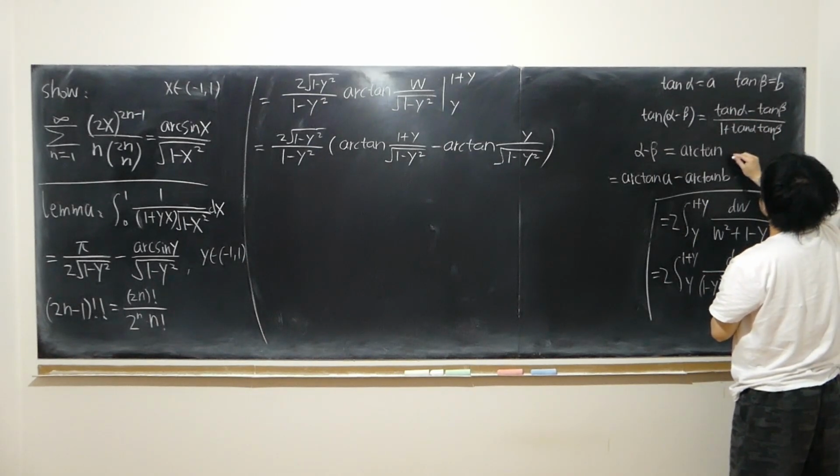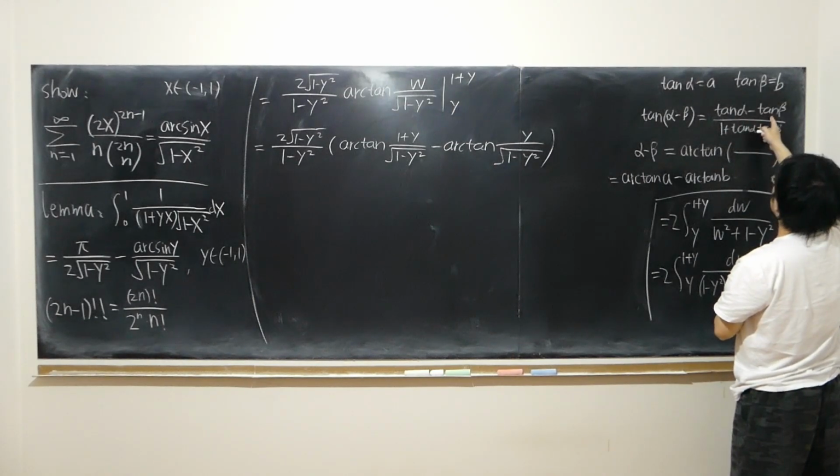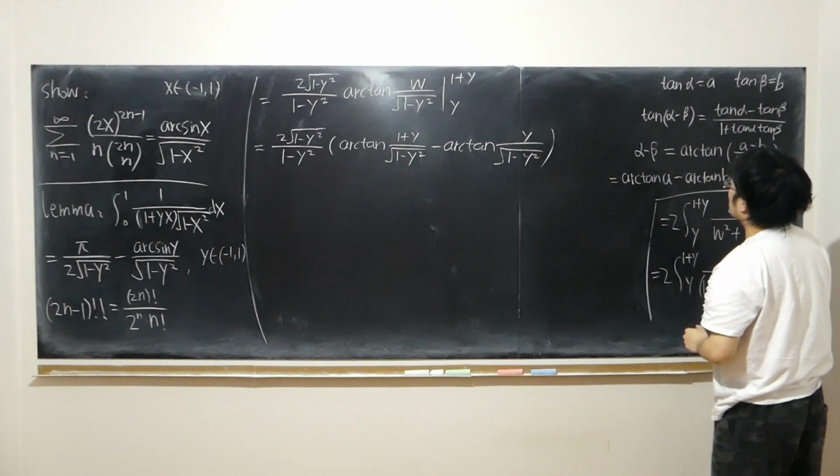What is this? Tangent alpha minus tangent beta, meaning A minus B, over 1 plus A times B.